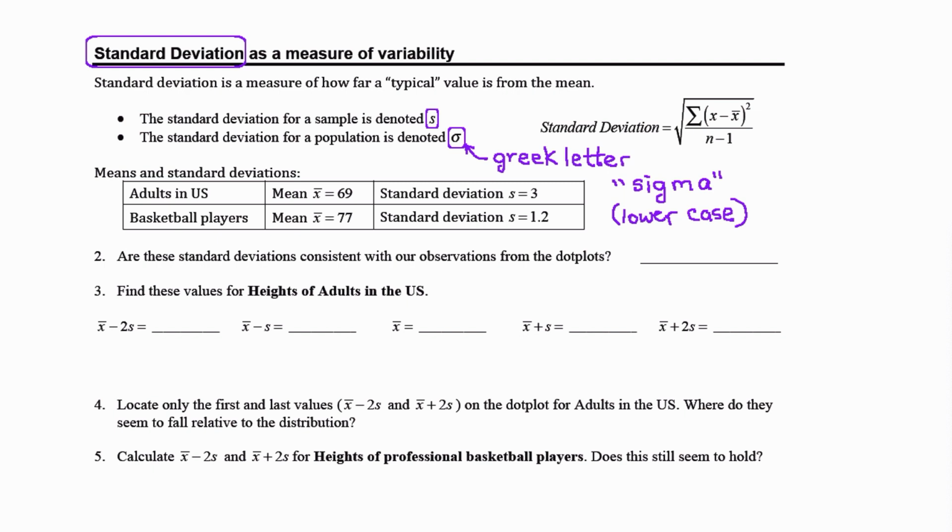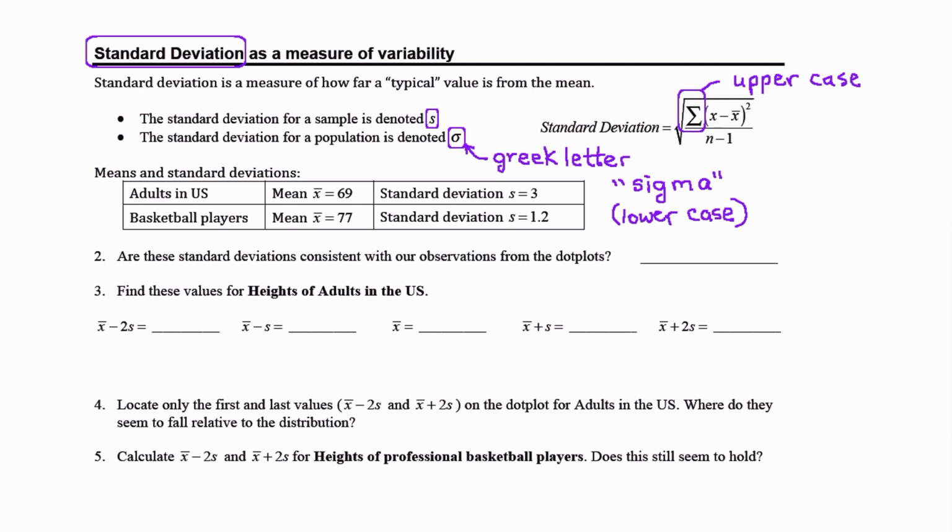The uppercase sigma we've seen once before. This is the uppercase sigma showing up in the formula for standard deviation. Standard deviation is a positive number that is a measure of the spread.